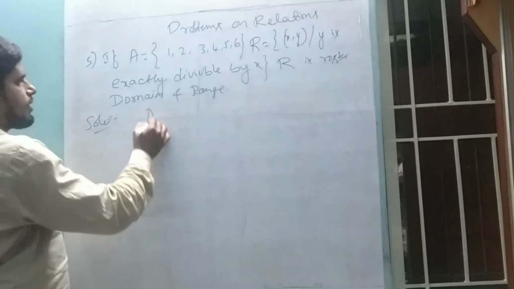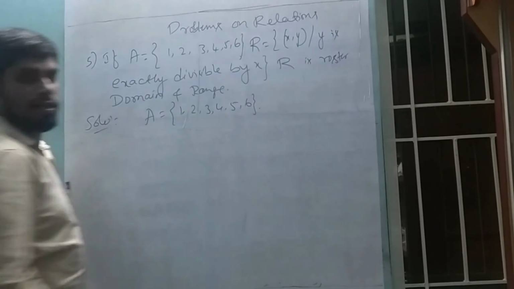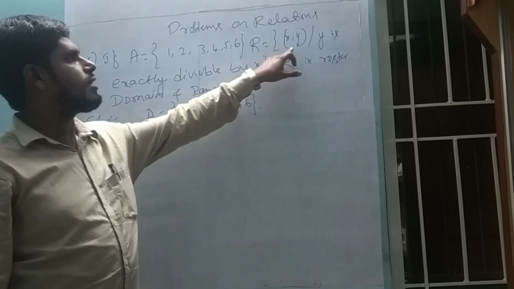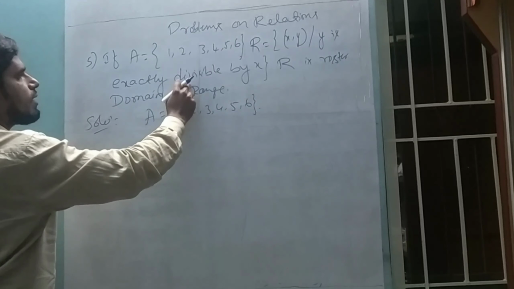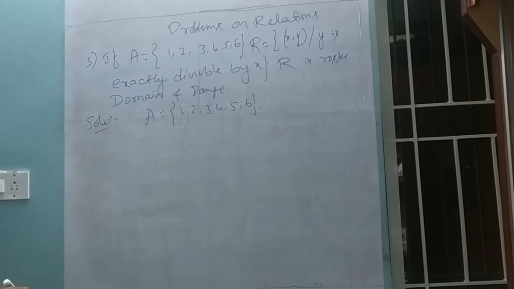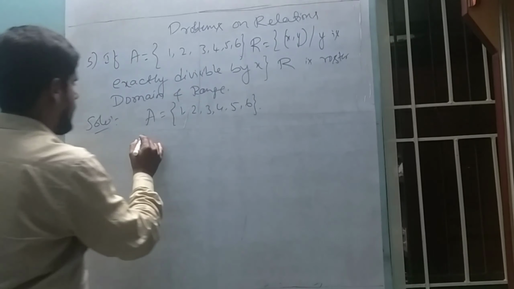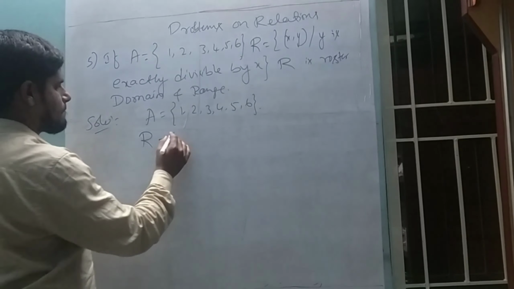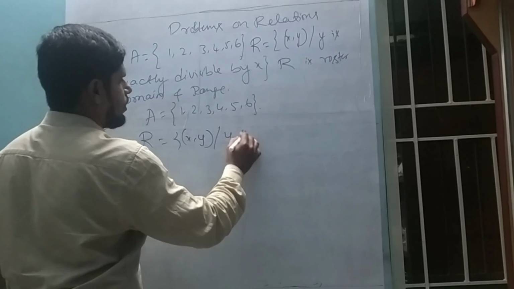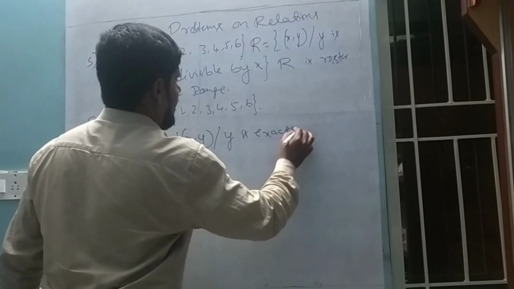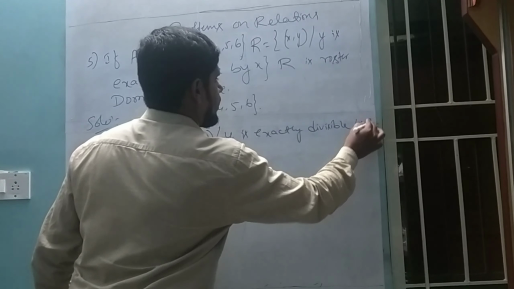So our given set is 1, 2, 3, 4, 5, 6. Set A is having 6 elements. Then the relation is what? 2 elements are there. In that it is telling that y is divisible by x, that is, (x, y) such that y is exactly divisible by x.